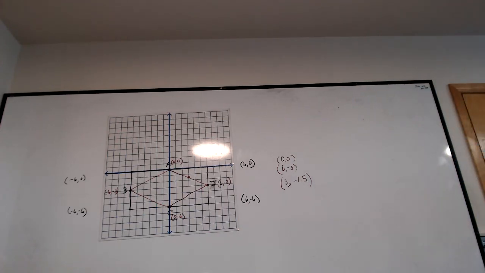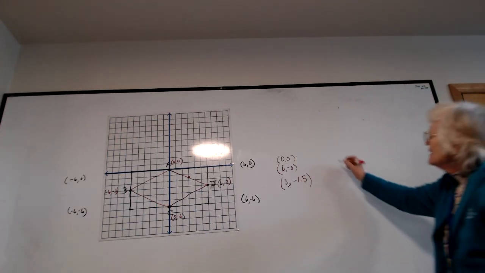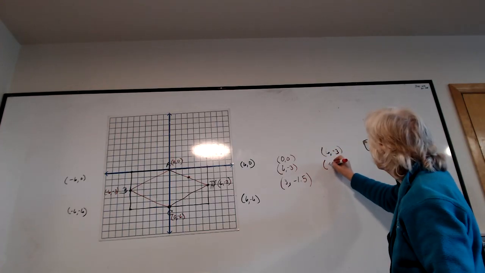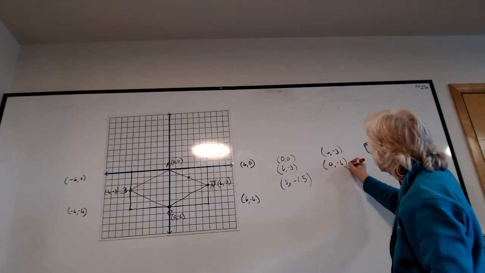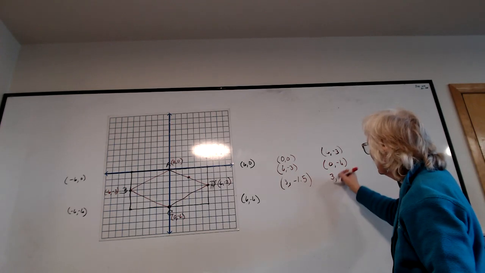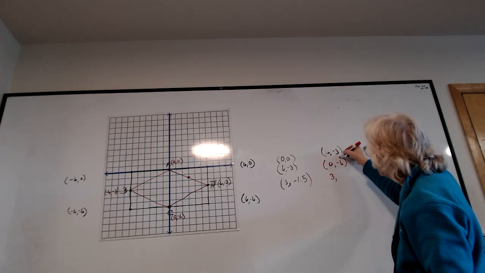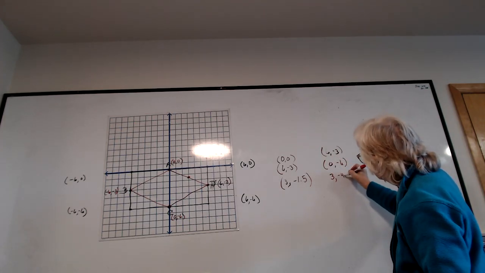Okay, it's fancy. So let's look between (6, -3) and (0, -6). It's going to be 3, and from -3 to -6, it's going to be -4.5.